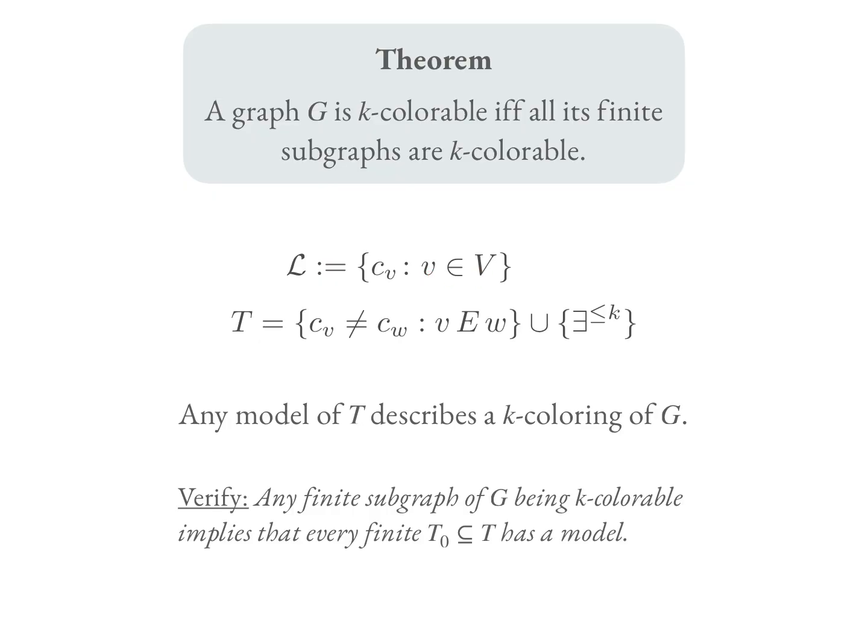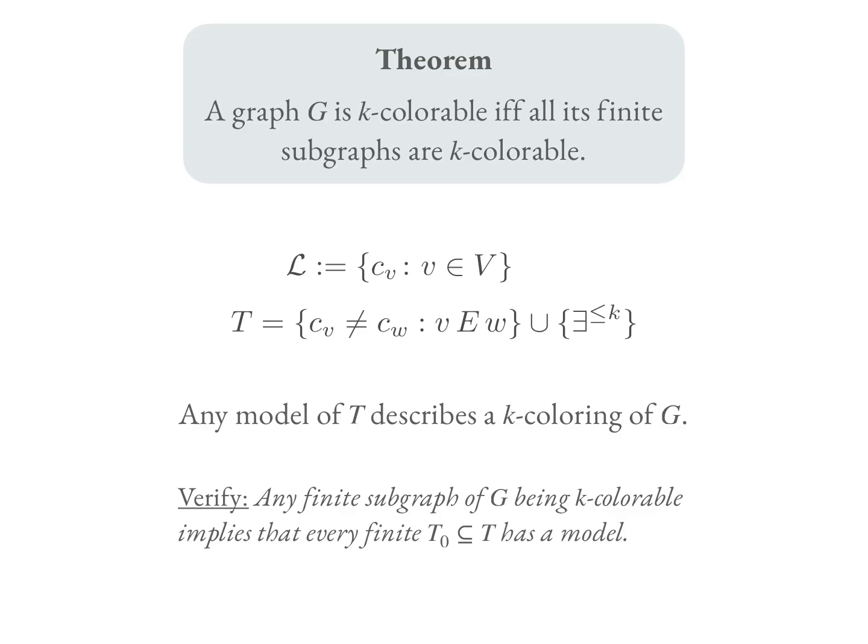So that allows me to express something about the vertices in the theory that I'm going to devise. So the theory that we're looking at now is just simply saying for every pair of vertices that are adjacent, I require that the value, right, of c_v is not equal to the value of c_w. So the model of this will simply be a set, right?